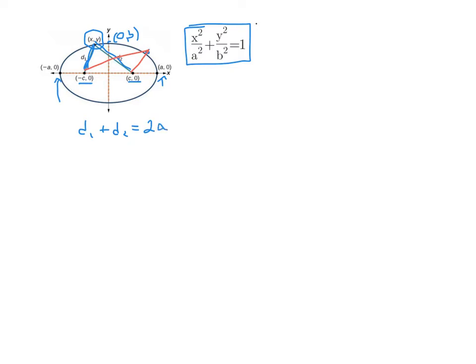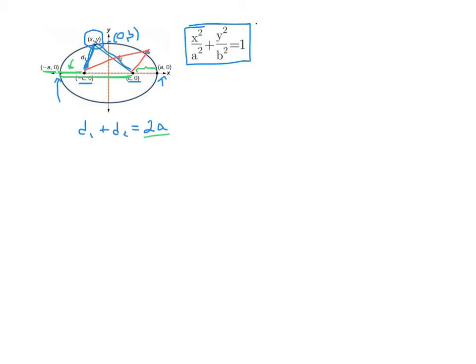And I think if you recognize that if the point (negative a, 0), for example, is on my ellipse, then if I take the distance from that point to the first focus, and then I take that same distance from the same point to the second focus and add those 2 together, since this distance right here is the same as this length right here, then the 2 green lengths in question are going to add together to give me the same as the length from negative a to positive a, so that's where the 2a comes from.